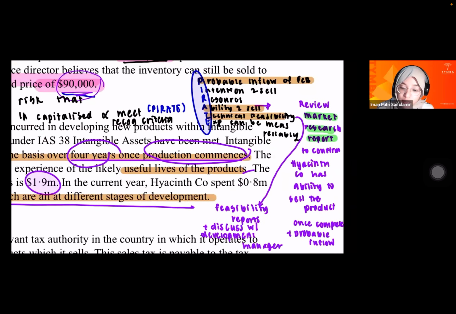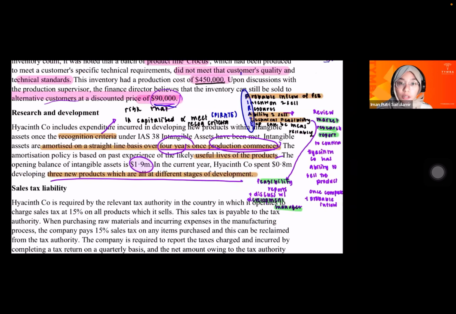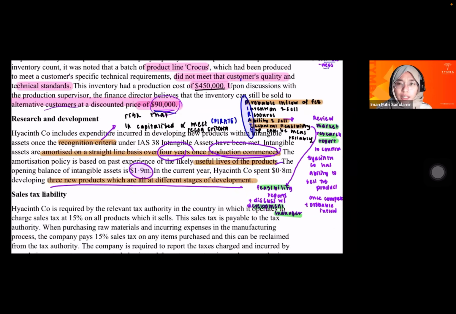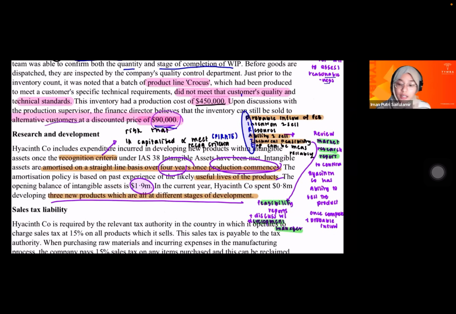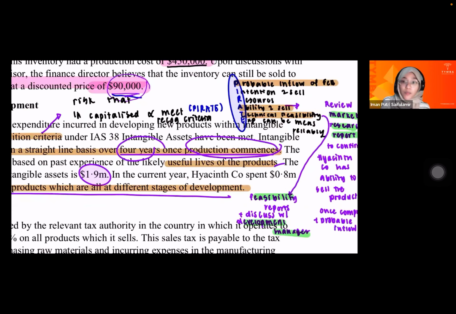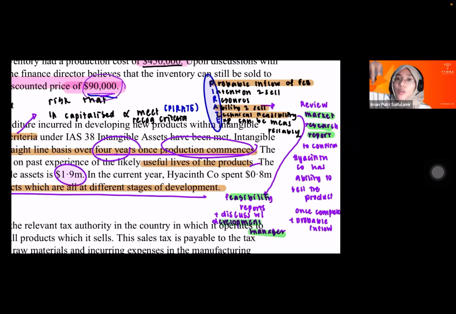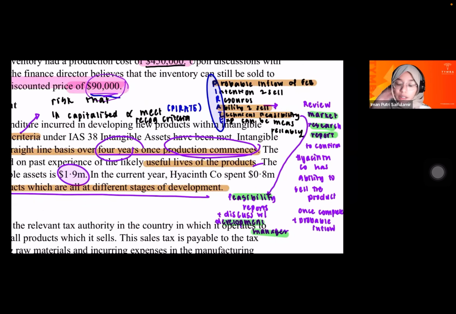So these are the two things you can talk about for the recognition criteria. That's why it's important to note what PIRATE is, the capitalization criteria. Only then can you go into more depth and explain your substantive procedure.